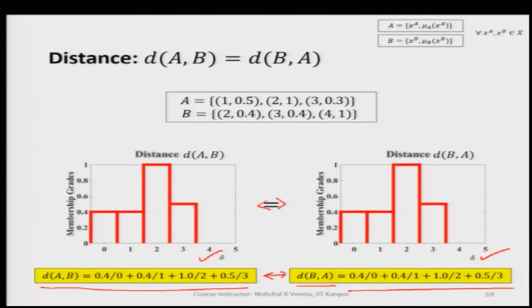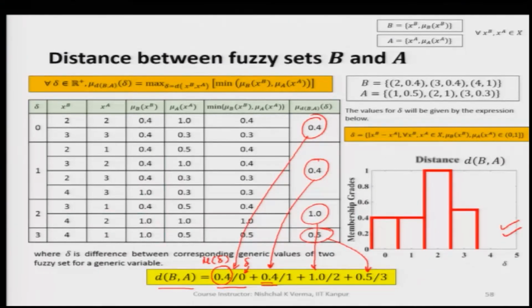By now we have understood very clearly how we can find the distance between any two fuzzy sets. First, we find all the possible values of the delta, the difference, from the given fuzzy set, like we have seen in this example, and then we find all such pairs for which we are getting the different delta values.